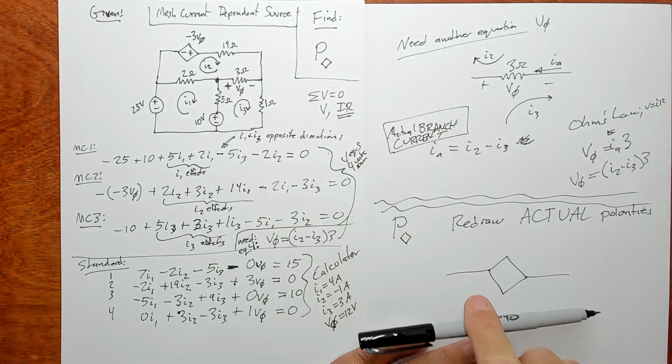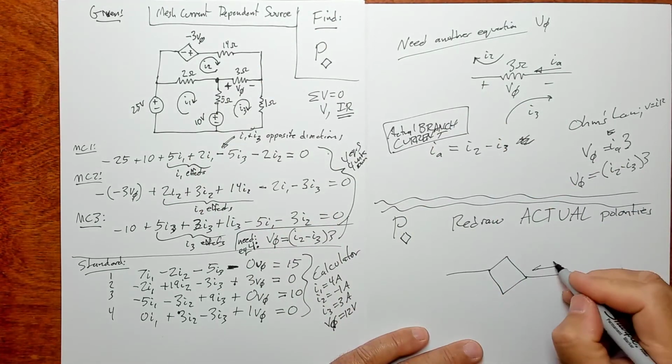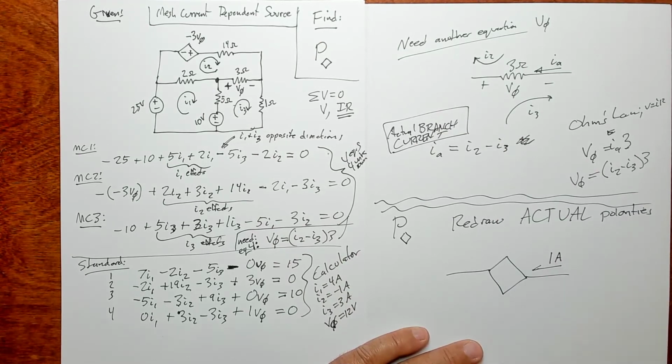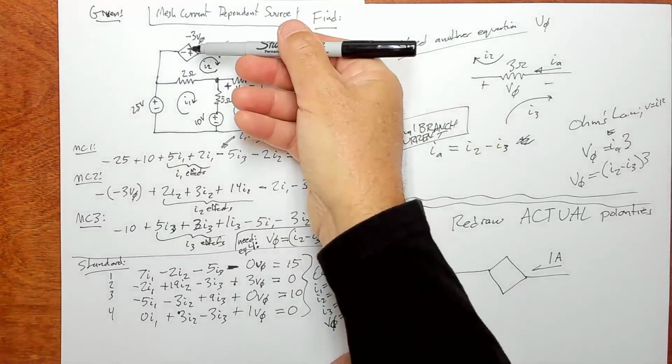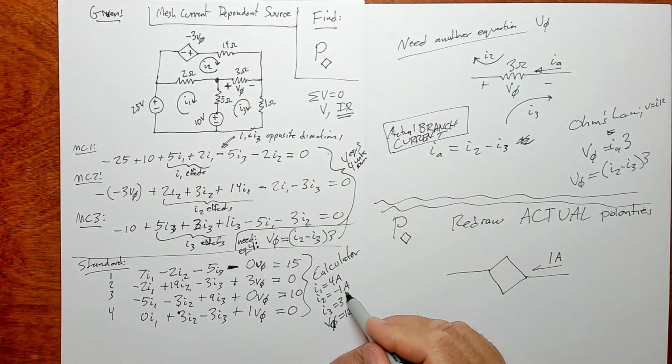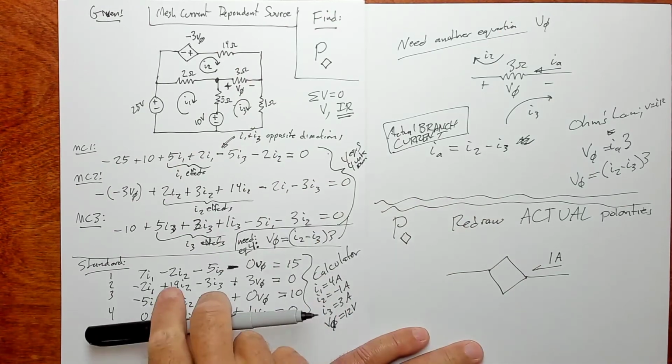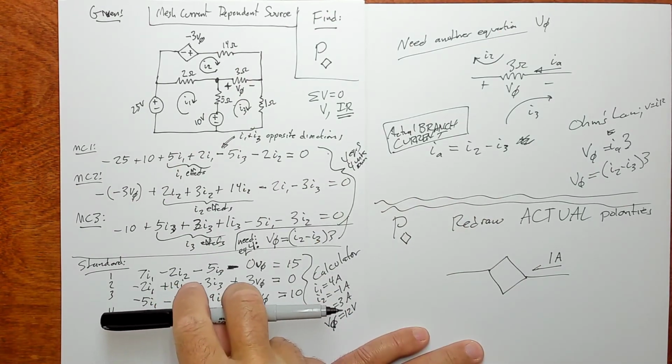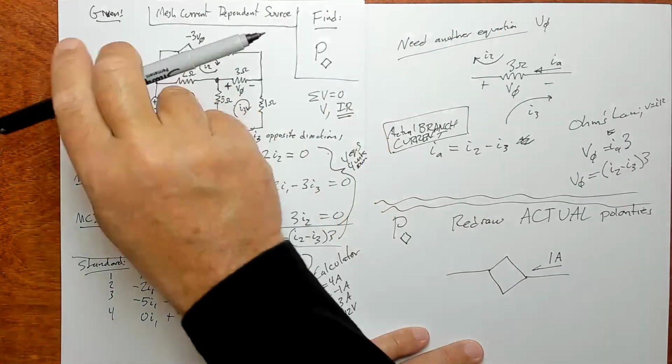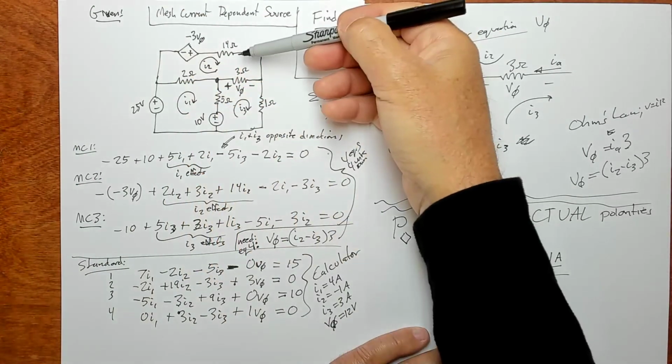Negative 1 amp going that way. So let's put it this way and call it positive 1 amp. Okay? Just to avoid that level of confusion, right? We'll just reverse the arrow direction and call it positive. Instead of negative to the right, it's positive to the left up here on this branch.